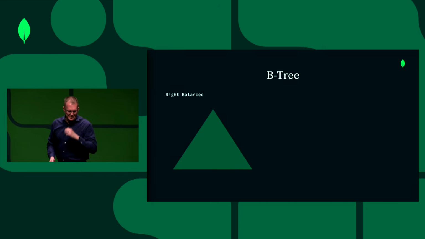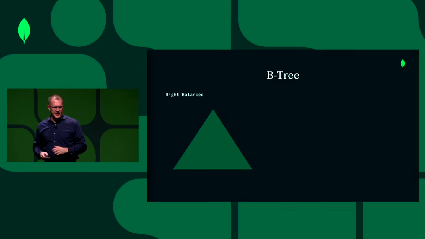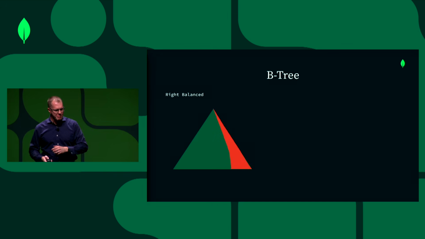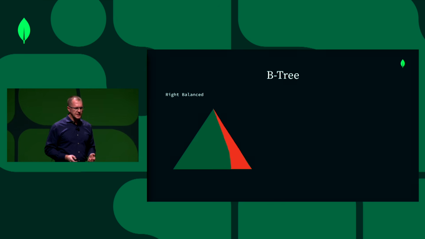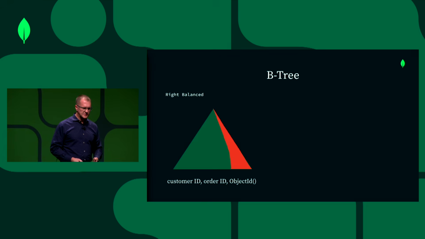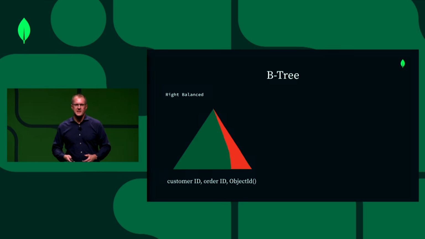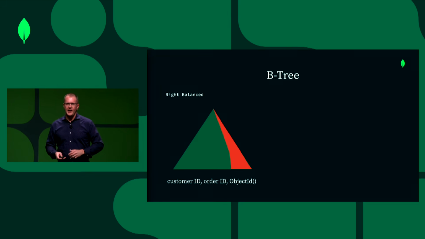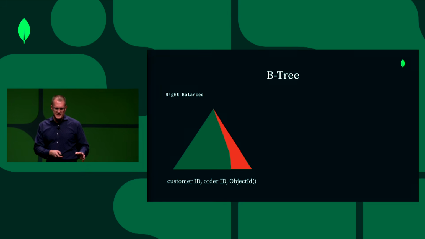Okay, so let's talk about a right-balanced index. This is a super important concept in the B-tree index. A good way to describe it, probably visually, is let's say you have an orders collection again, and you're processing retail purchases, and you have active orders and orders that are in process.